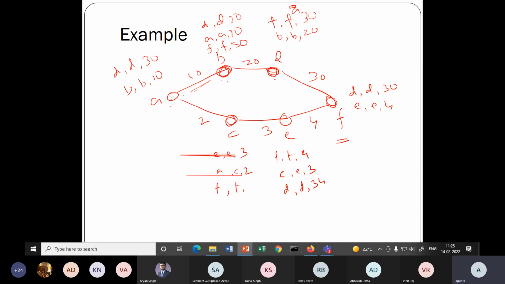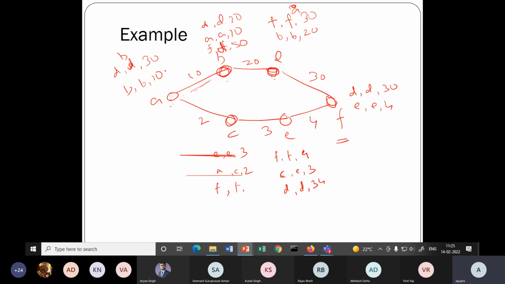sorry. Wait. There's something wrong. I made a mistake. This will not be F, this will be FD, right? Because B is getting a route to F through D. Similarly, this will be B30, because the routing update came from B. B is saying they have a cost of 20.